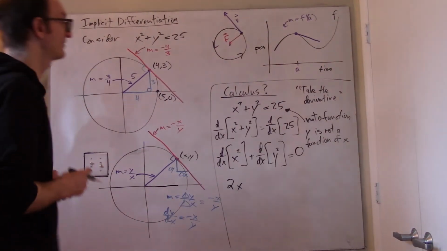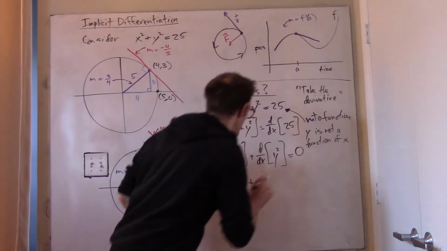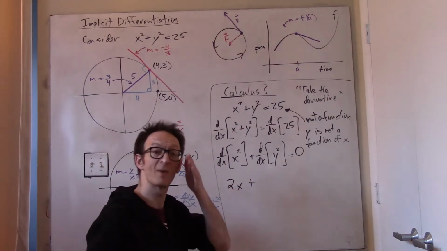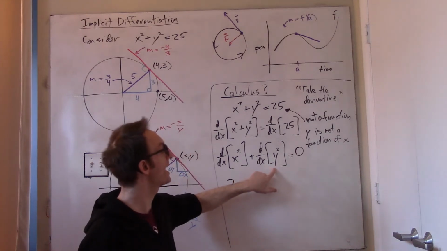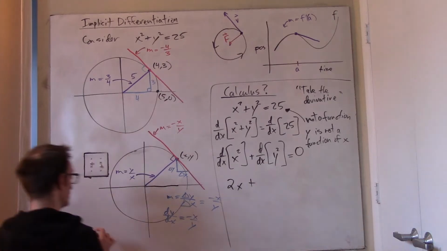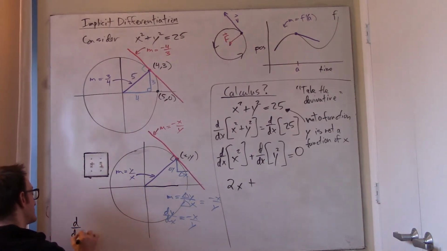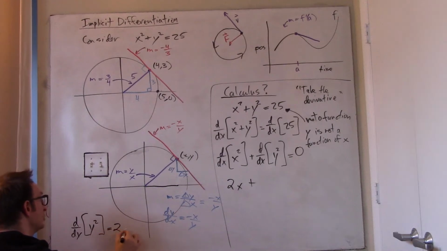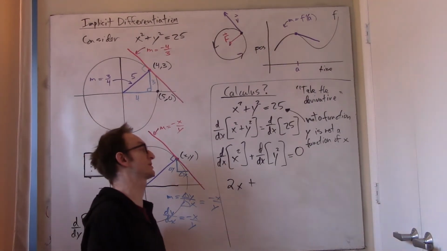But this is kind of like the moment of truth. What is the derivative with respect to x of y squared? You might be tempted to say, oh, that's just 2y, but that is not quite right. What is true is that the derivative with respect to y of y squared is 2y. But we are not differentiating with respect to y, we're differentiating with respect to x.